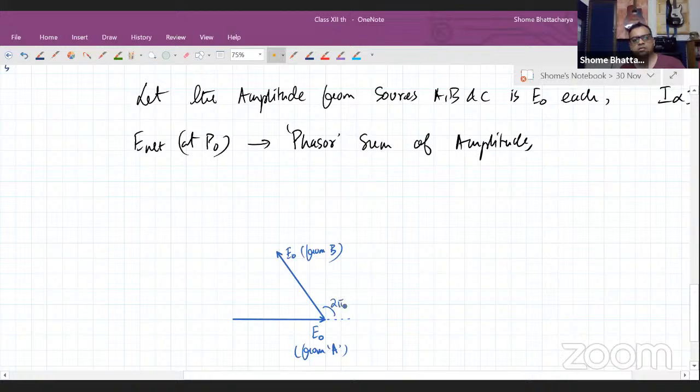So this is 2 pi by 3. And the third one will also be in the same direction.